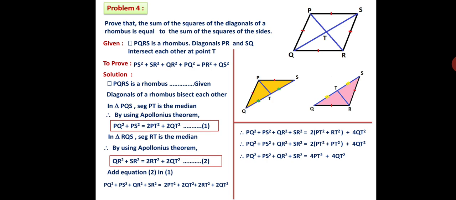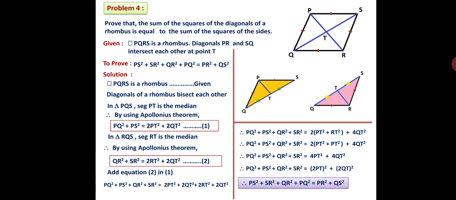But 4 PT square can be written as 2 PT bracket raised to square, and 4 QT square also can be written as 2 QT bracket raised to square, left hand side as it is. Twice of PT is nothing but PR, and twice of QT is nothing but QS. So replacing those, you are getting PS square plus SR square plus QR square plus PQ square is equal to PR square plus QS square. That is what was required to prove, and that has been proved.